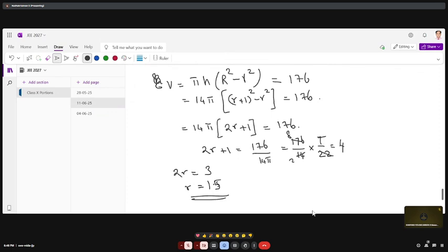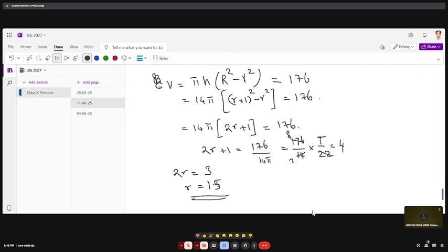Right? Outer radius is 2.5 centimeters. Correct. Just check whether I have done it correctly. 14 pi into (2r plus 1) equal to 176.